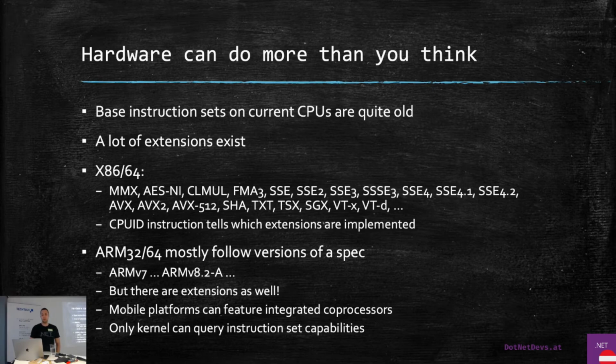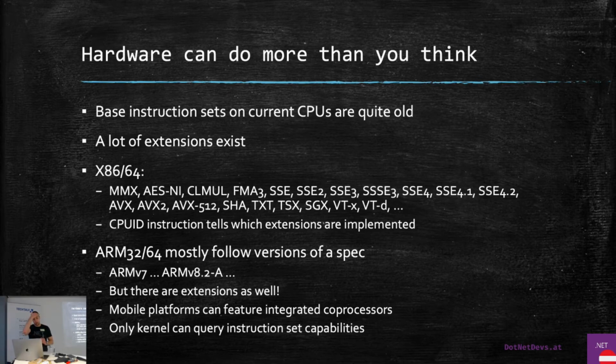The x86 instruction set is like 90s something, and there are a lot of extensions. So when you look at a modern CPU, you see, oh yeah, this is an x64 CPU and it can do all of that. Yeah, right? So it's very helpful to have that list if you know what these things are. I'm going to talk a little bit about some of them.